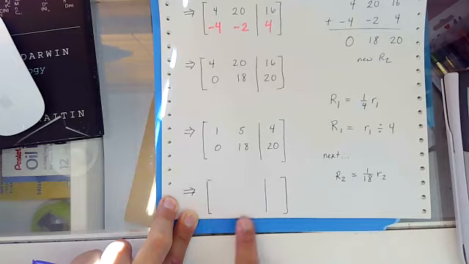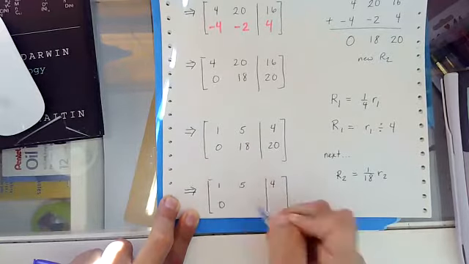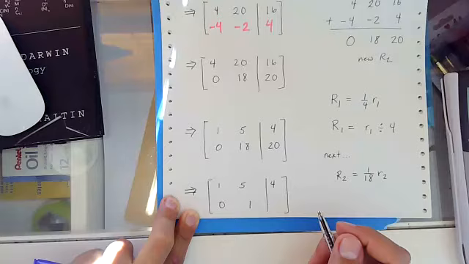Does anybody have the resulting matrix yet? I got on top 1, 5, and 4, and on the bottom I got 0, 1, and 1 and 1/8. No, I'm sorry.